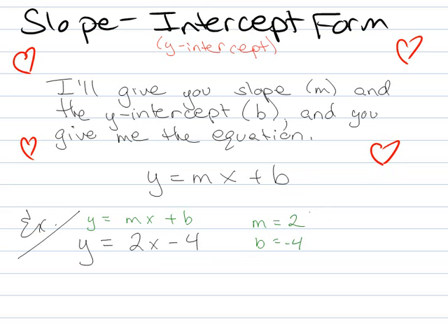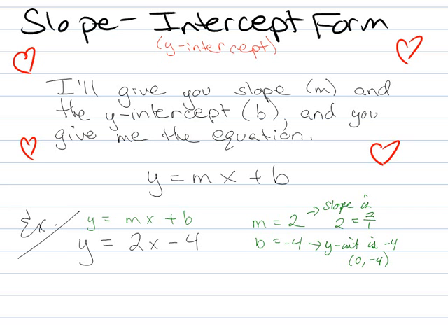So m being 2 means that the slope is 2. Or, if you like rise over run, think about it as being 2 over 1, because 2 and 2 over 1 are equivalent. Now, b being negative 4 means the y-intercept is negative 4. If you want to think about it as a point, think of it as (0, negative 4).